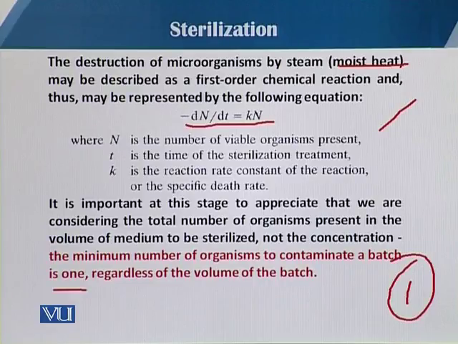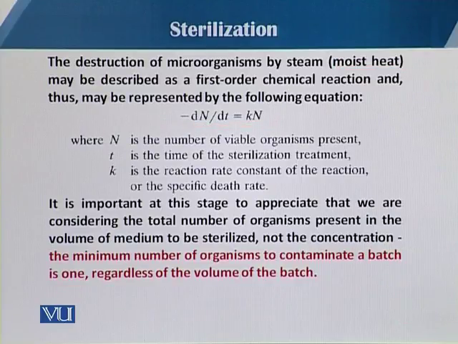Regardless of the volume of the batch, if there is 1000 liters and there is only one unwanted cell, that is contaminated. So only one cell is enough to create the condition which we call contamination.